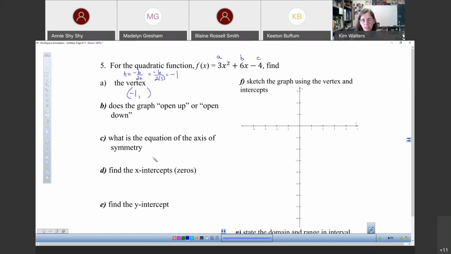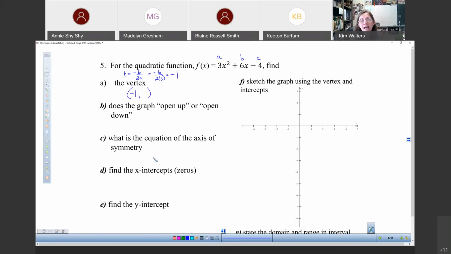What do you think I would do to find the second part of this point that's called the vertex? Yes, I got an answer. Okay. I won't make you say it out loud.